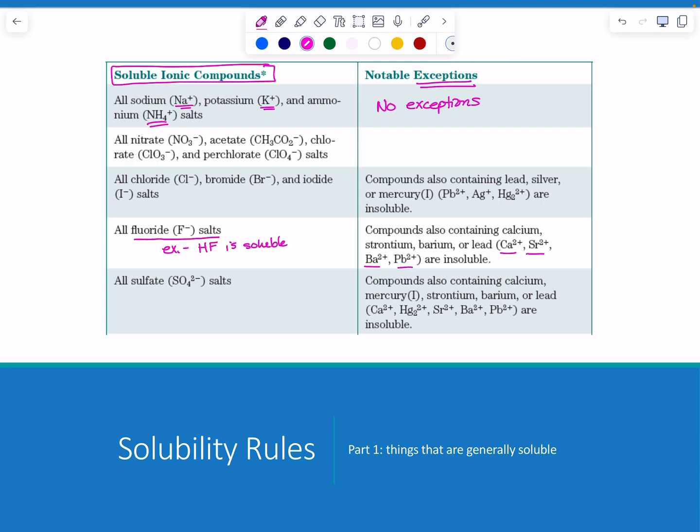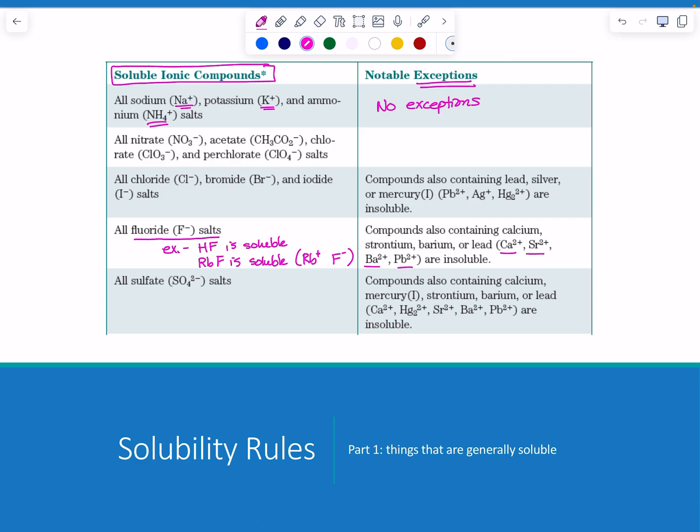But if I take, let's say, rubidium. So rubidium makes a +1 ion. So rubidium fluoride is soluble. All right, so that's what that ionic compound is.